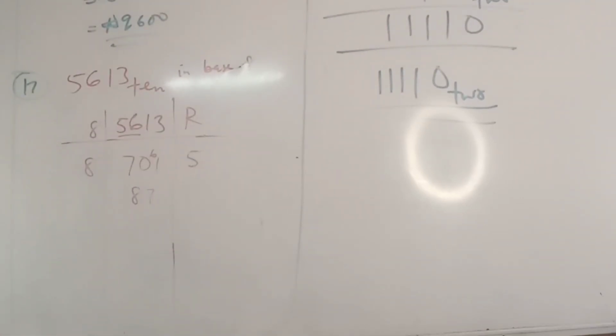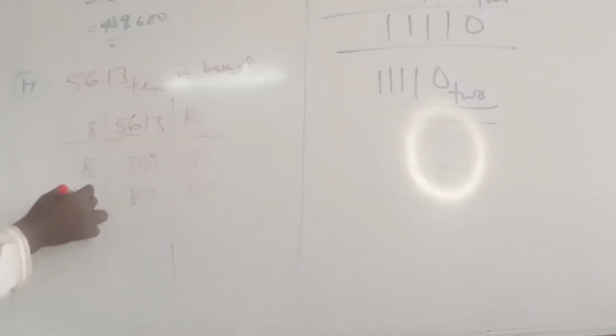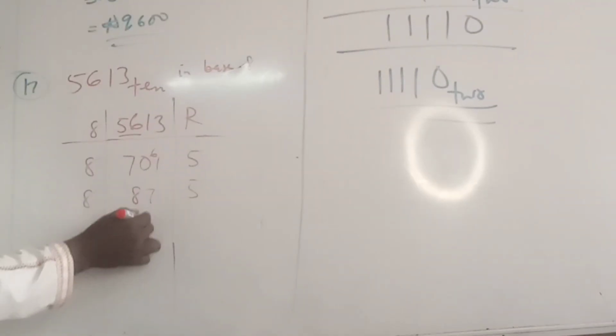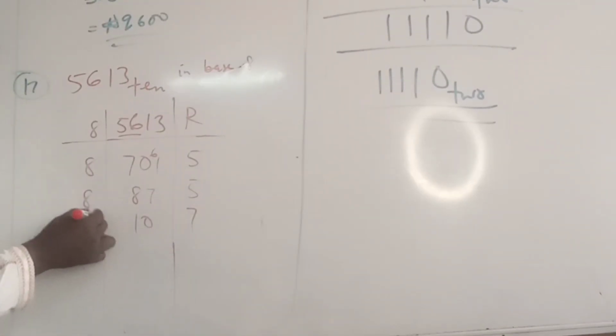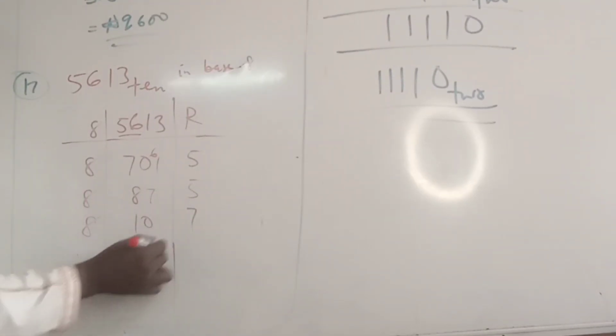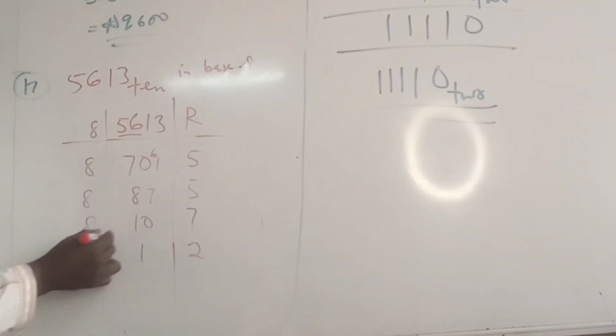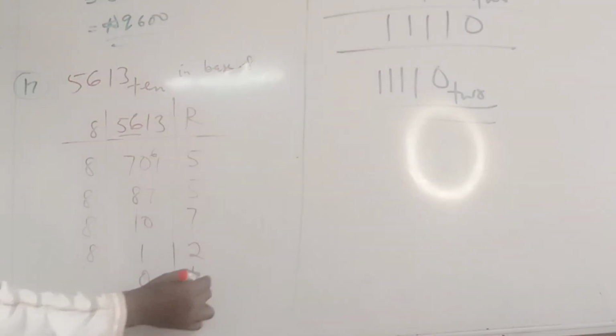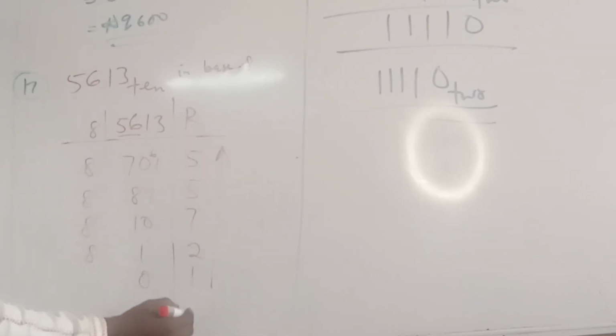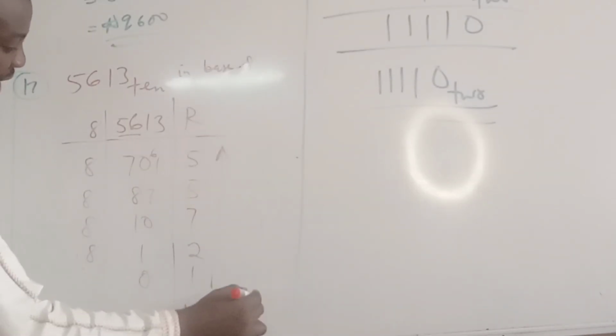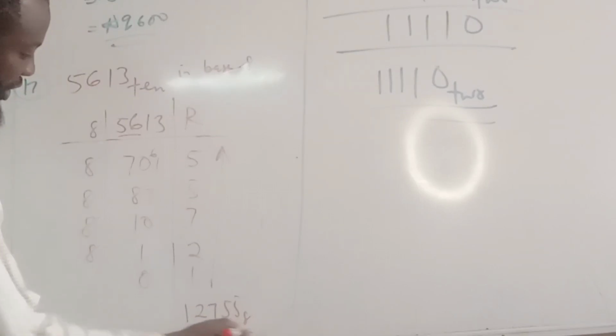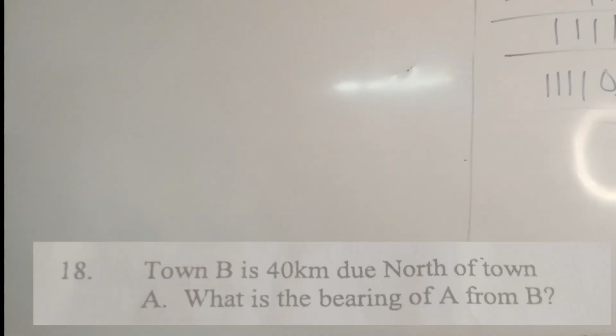That is 56. Remainder what? 5. 8 here is 10. Remainder what? 7. 8 in 10. 1. Remainder what? 2. 8 in 1. 0. Remainder 1. So the answer will start from bottom. That gives 1, 2, 7, 5, 5. Base what? Base 8. Yeah.